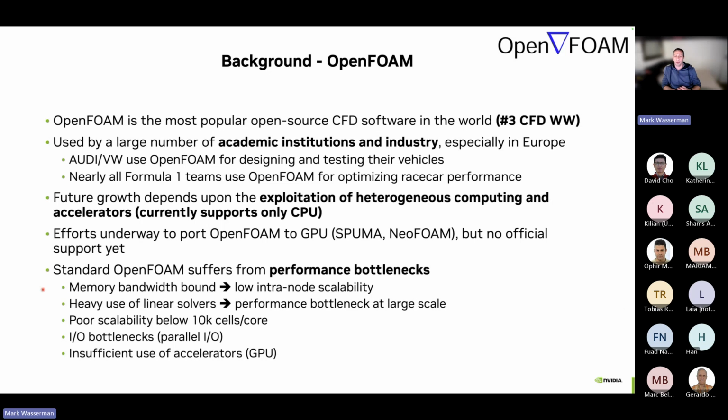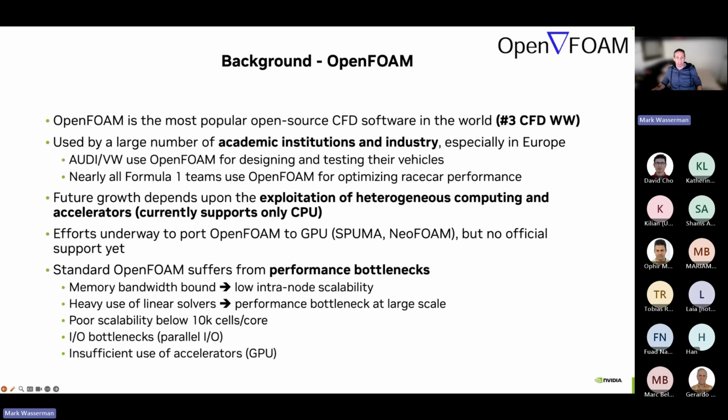And therefore, it is memory bandwidth bound, like many other HPC applications. And that, as you will hopefully see in your simulations, poses some strict problems in terms of intranode scalability when we reach that memory bandwidth bottleneck.